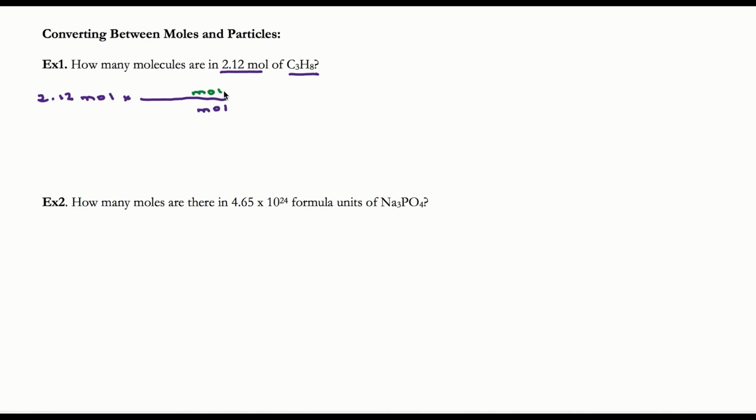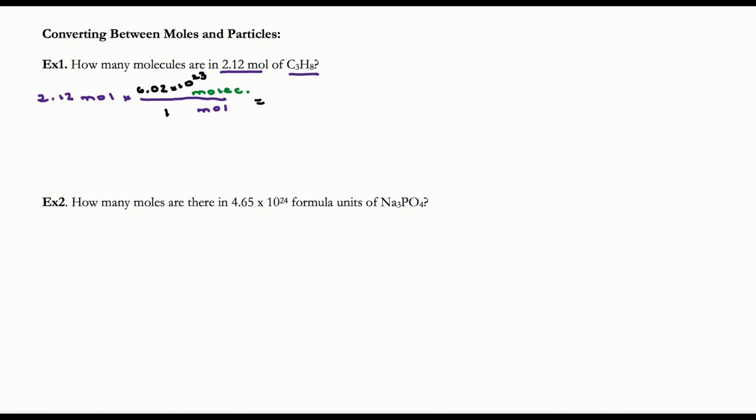So I'm going to put MOLEC to represent molecules so I don't confuse molecules and moles. Okay? And then according to Avogadro's number, I know 1 mole is 6.02 times 10 to the 23rd molecules.